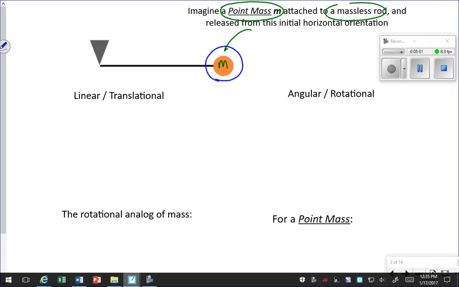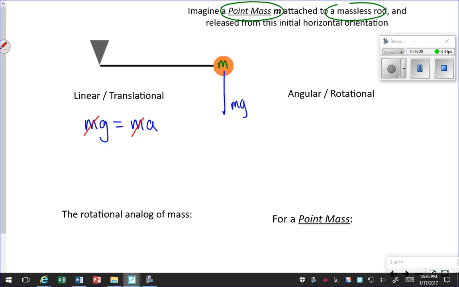All we have to say is that when this object is released, there is a force mg that acts on it. At the instant that it's released, we just say that mg equals ma, and this object accelerates with free fall acceleration.